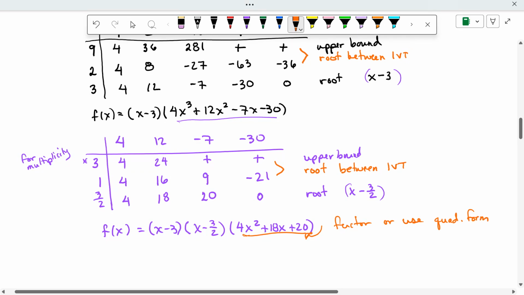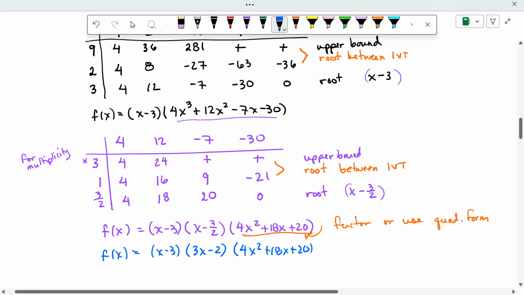Now, one thing that kids try to do is they go, oh, well, x minus 3/2 is a factor. Since 3/2 is a root, then that means 3x minus 2 is also a factor, which is true, but then they go 4x squared plus 18x plus 20.